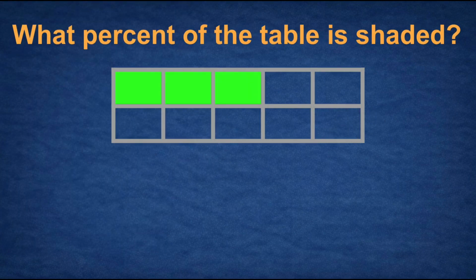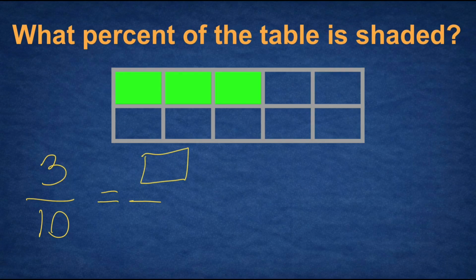My next example shows a table, and it has 3 out of 10 total squares shaded. If I wanted to find the percent, again, we know that percent is how many out of 100. I'm going to ask myself, how do I go from 10 to 100?